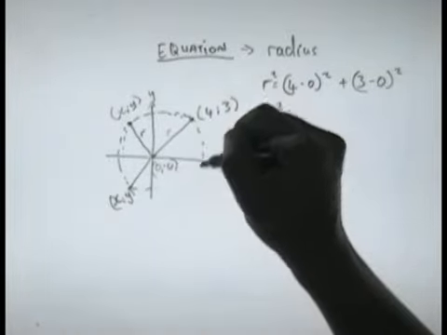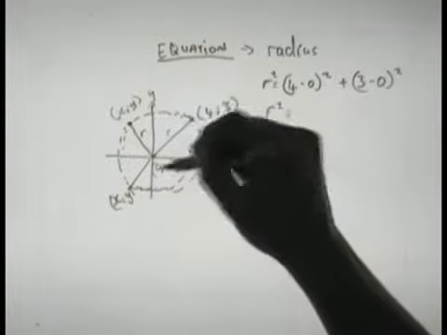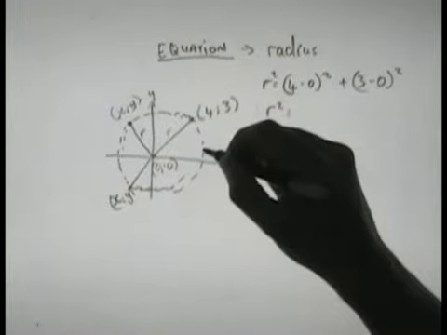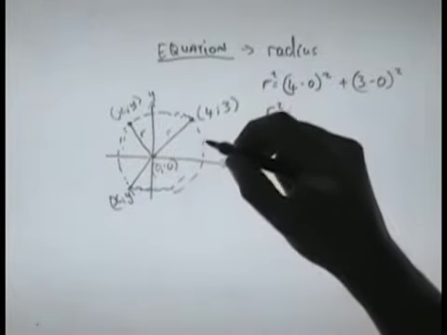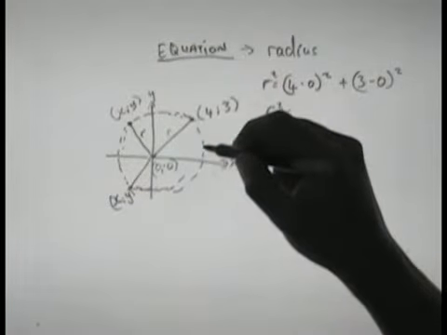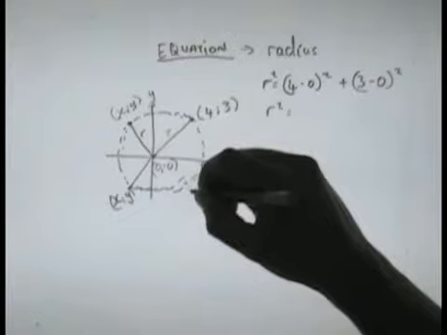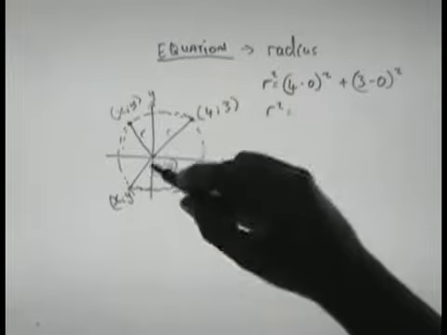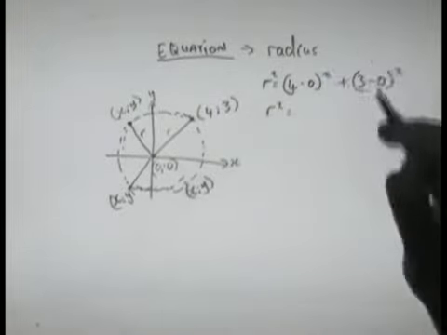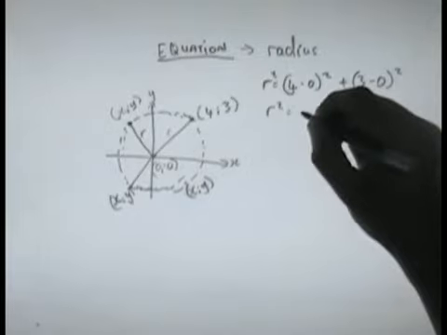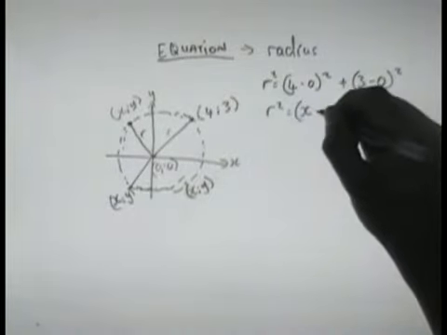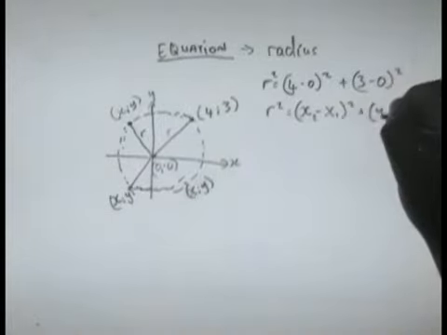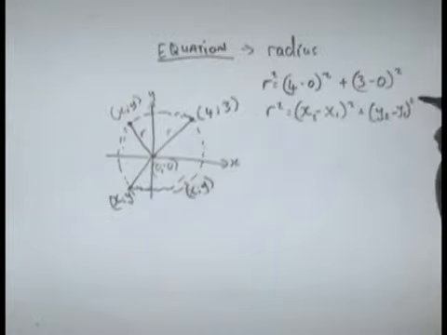And if we carry on rotating it around the origin or around the center of what's supposed to be a circle, we're going to continuously get different x and y values, but all pairs of those x and y values, using the distance formula, should give you the same r distance. So instead of saying 4 minus 0, I'm going to say x2 minus x1 squared plus y2 minus y1 squared.